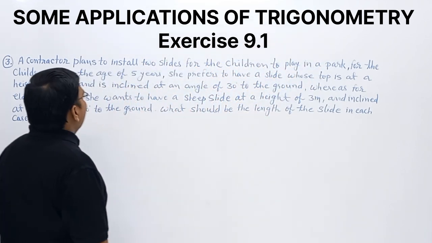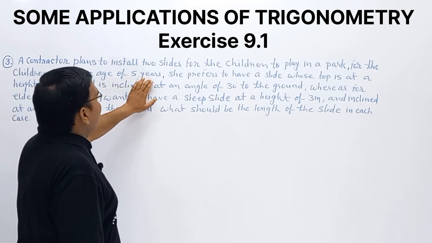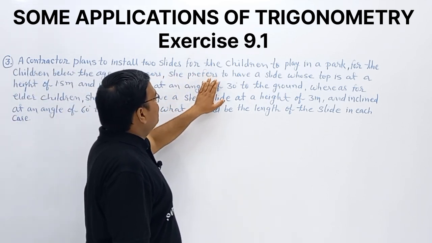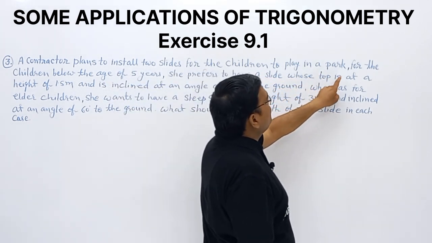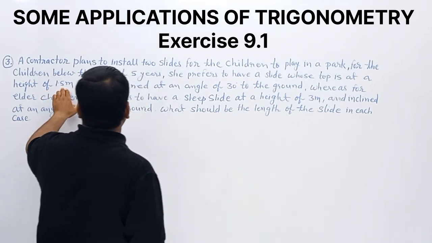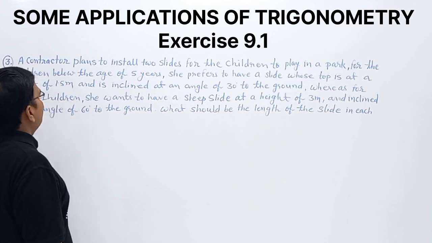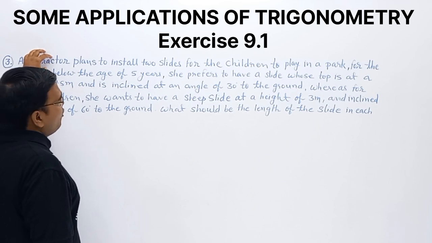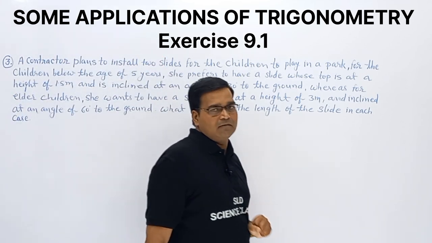Clear? For the children below the age of 5 years, she prefers to have a slide whose top is at a height of 1.5 meter. Observe what the contractor wants: to install 2 slides in a park.